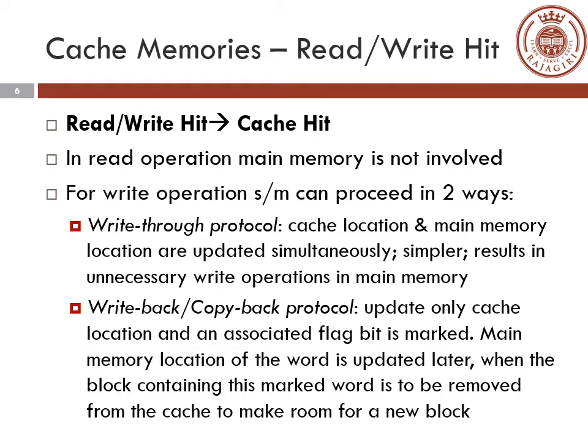In this case, when the processor gives a write request and the address data, the corresponding data in the main memory, is present in the cache, the data will be updated in the cache, and the corresponding data in the main memory will also be updated simultaneously.